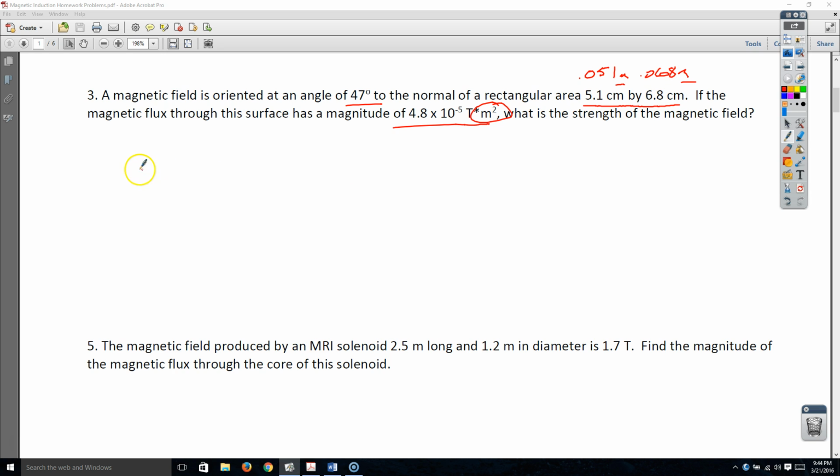So for this one, same thing. This time we're going to solve for B, so B is equal to the magnetic flux, all divided by A times the cosine of the angle.